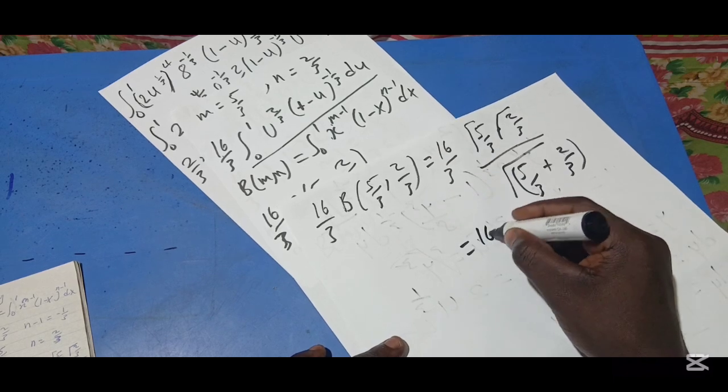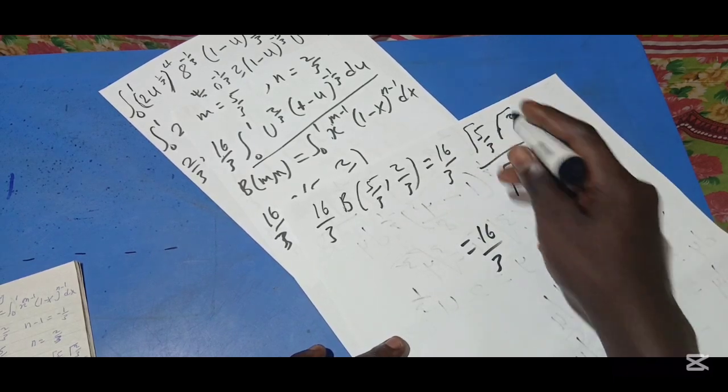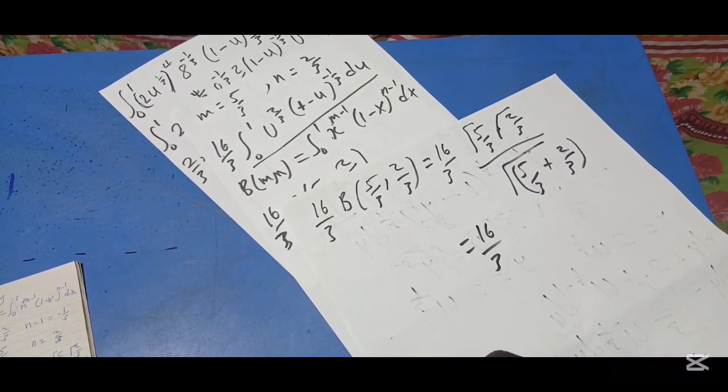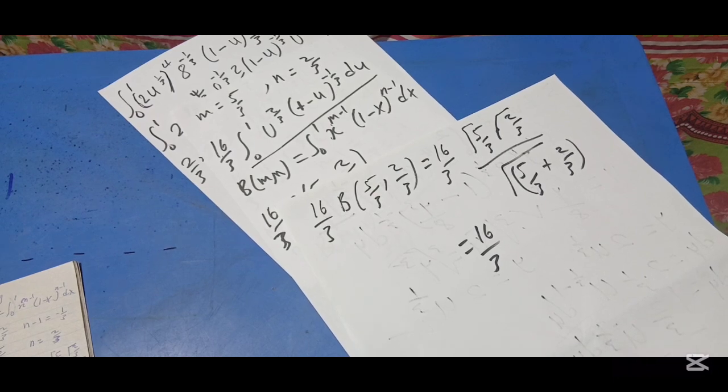So this will give us 16 on 3, gamma 5 on 3. How can we simplify gamma 5 on 3? Or how do we simplify gamma 5 on 3?